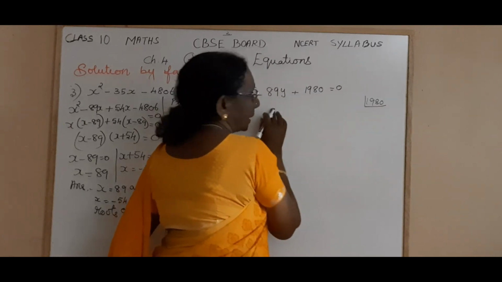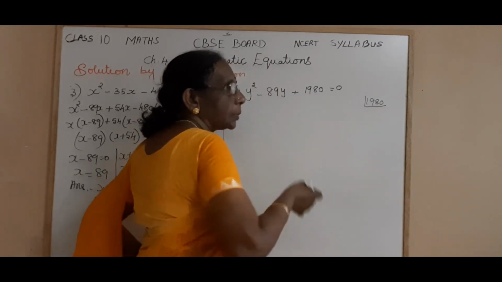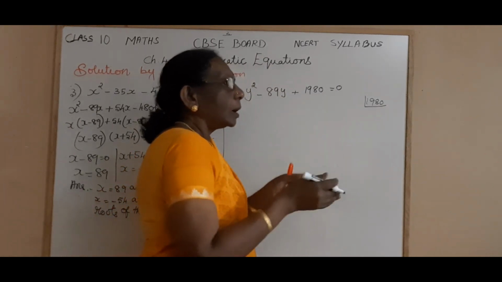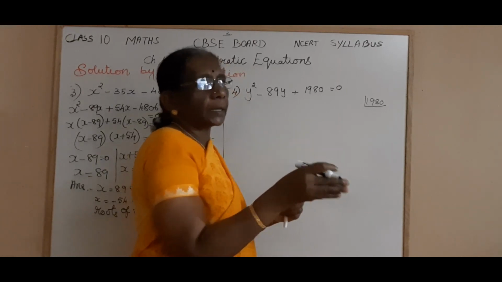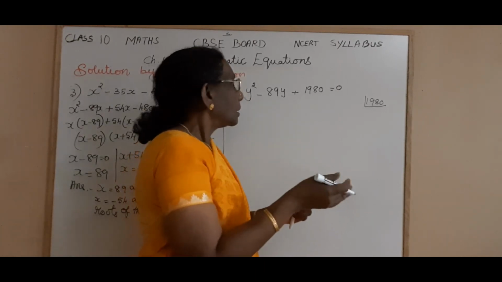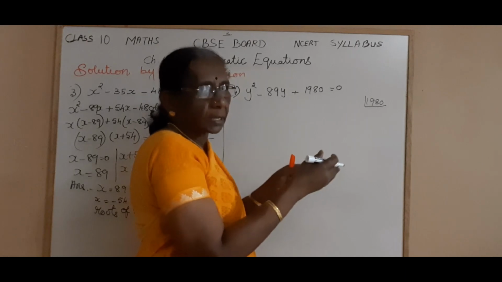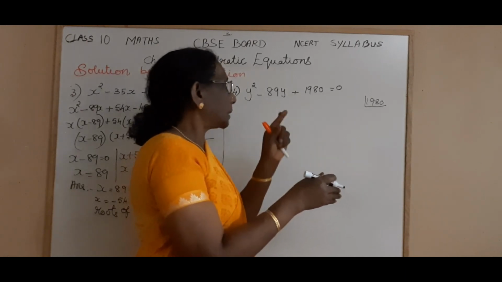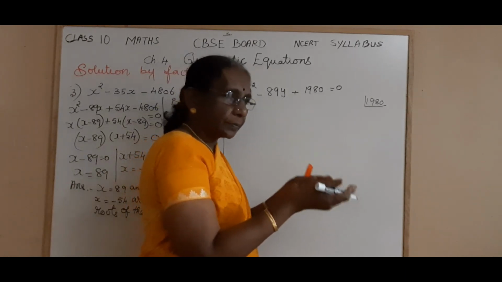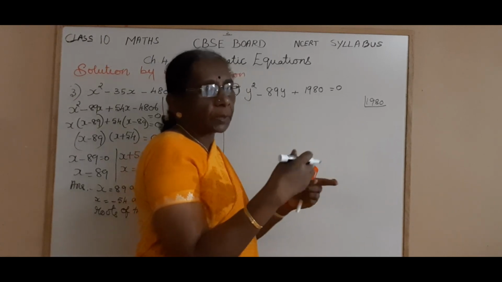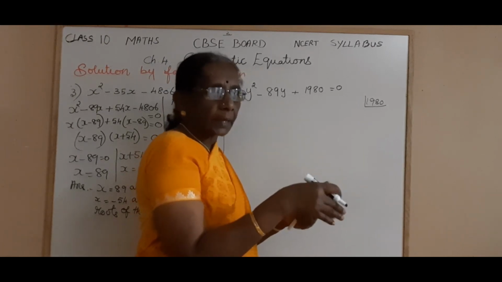So you have to add. Both numbers should be close to 40 like that. Then only you will get 4 4s are 16, 19. If it goes 50 and 30, it may be 1500 like that.